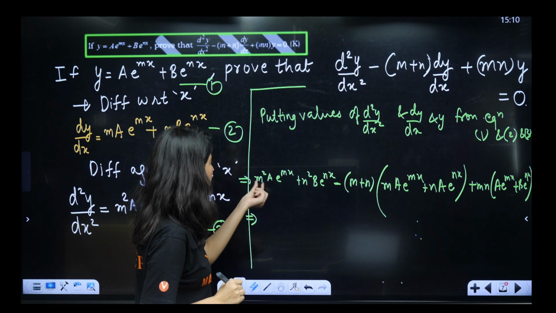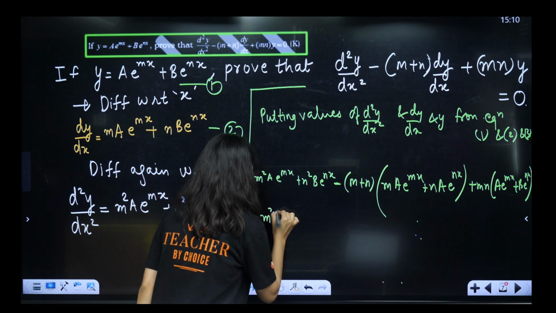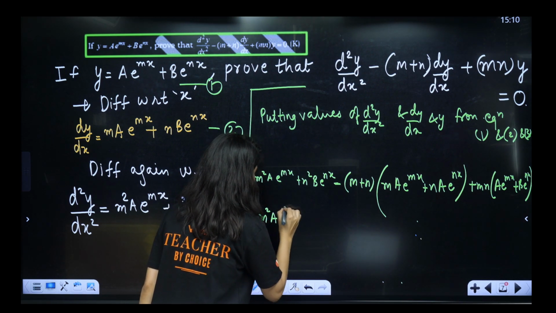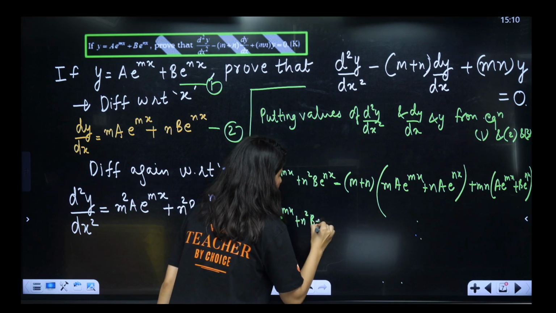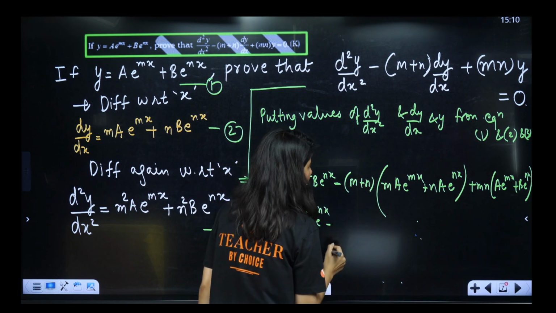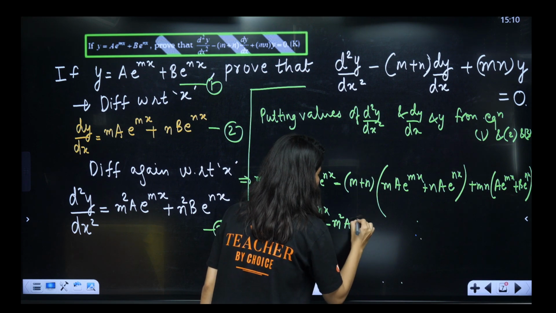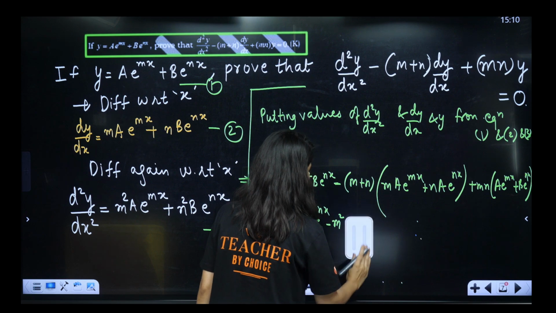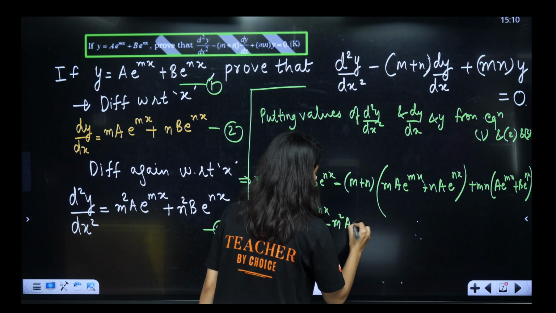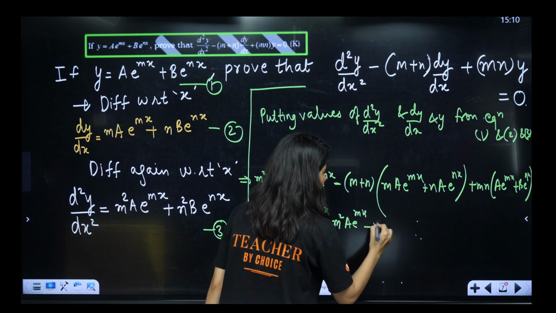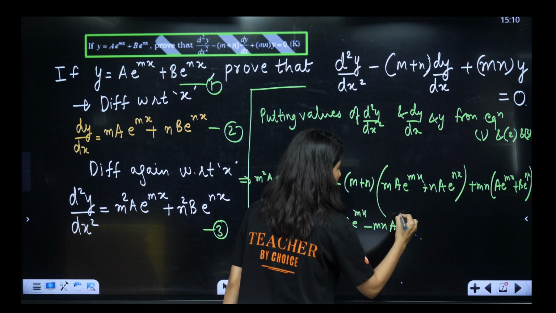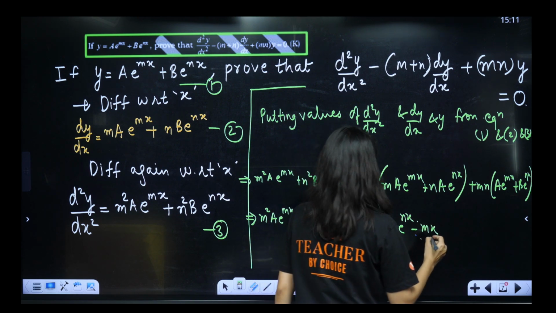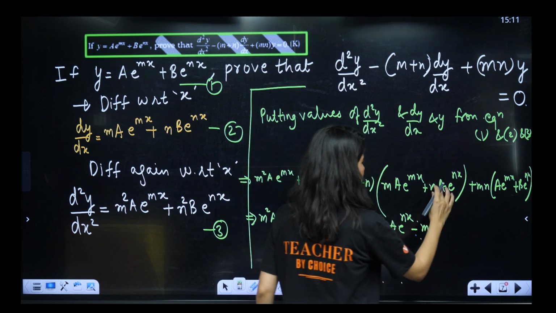Now, m square a e raised to power mx, as it is, I am just opening the bracket: m square a e raised to power mx plus n square b e raised to power nx minus m into m, multiply, m square a e raised to power mx, and then m into n, sorry, minus m square a e raised to power mx, minus mn a e raised to power nx, then minus mn, sorry, this is b, right?